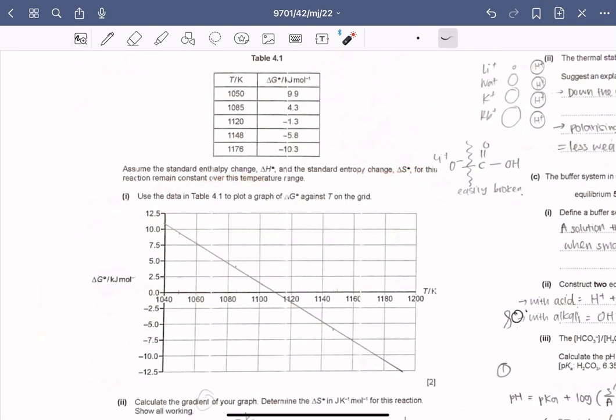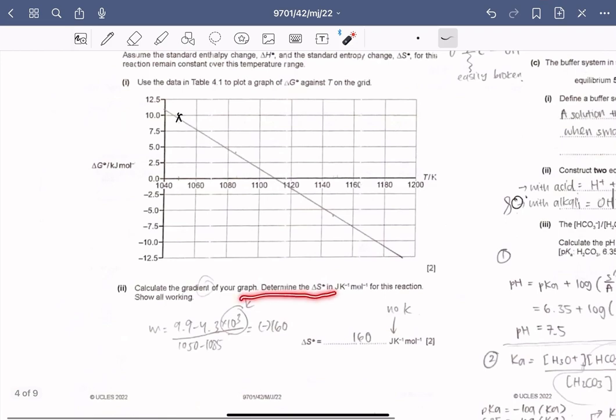Use the data in table 4.1 to plot a graph. So here I've plotted a graph of this starting at 1050. 1050 is around here, 9.9 is around here. This is the first plot point, and I continue to plot and I form this line.